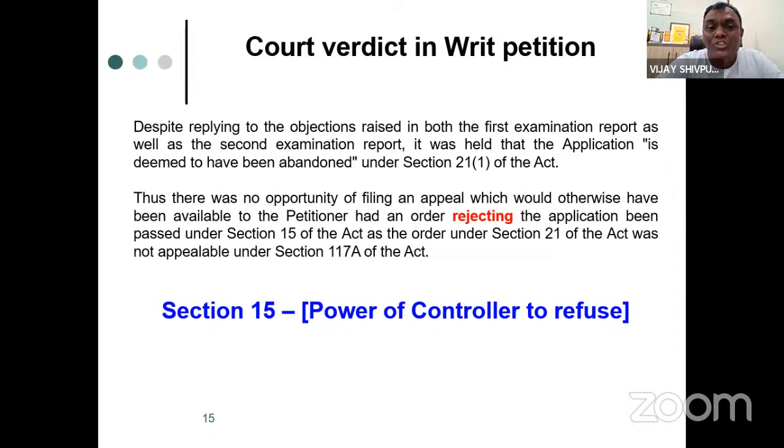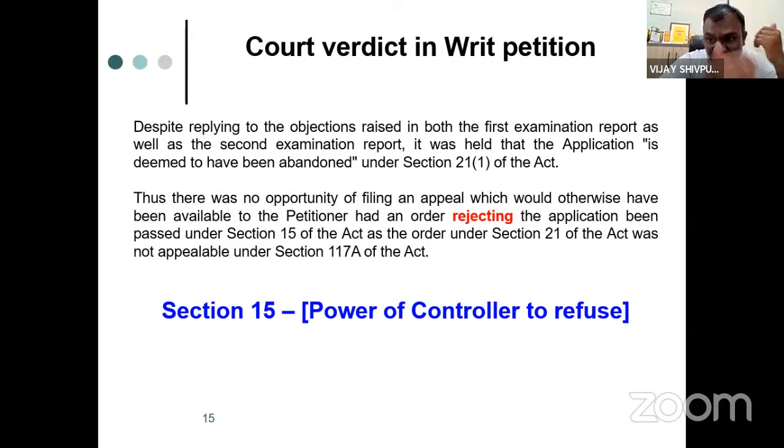Actually, it should have been refused under section 15 rather than abandoned. At the end of the day, what is happening with the applicant? Eventually, whether it's refused or abandoned, the applicant may not be getting the patent, right?